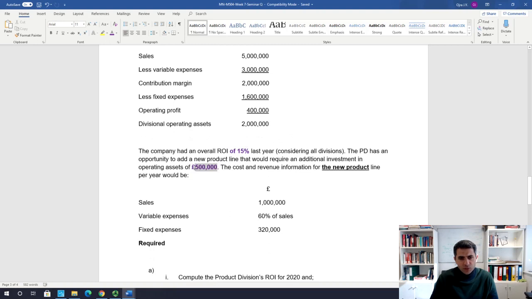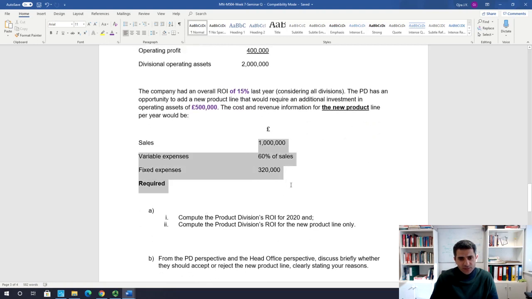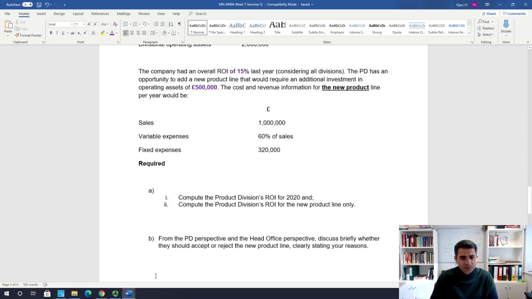So the capital employed would be 500,000, and the profit you need to calculate right now. So profit would be 1 million times 60% equals 600,000. So 1 million minus 600,000 equals 400,000, and 400,000 minus 320,000 fixed cost equals 80,000. So the profit would be 80,000.